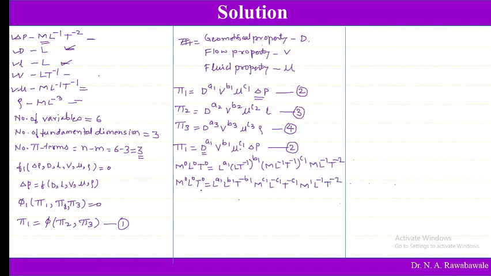So now we collect powers of M. On the left hand side power of M is 0. On the right hand side power of M is c1 plus 1. So c1 is equal to minus 1.